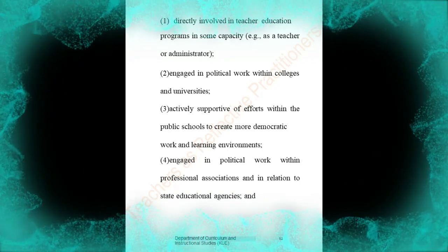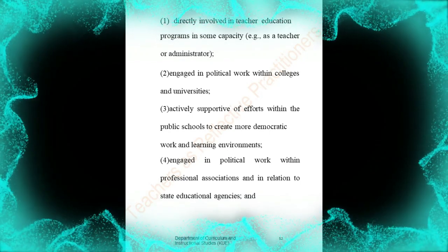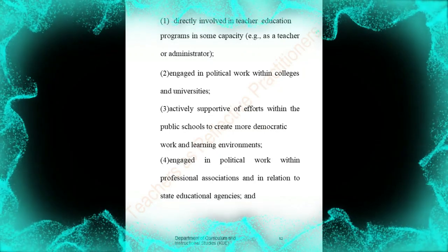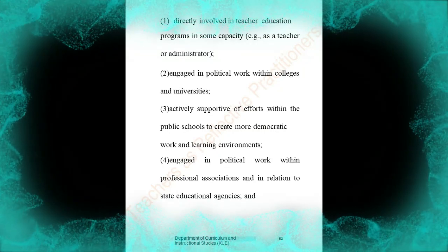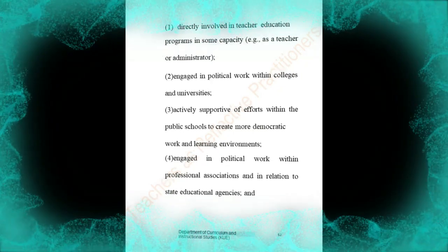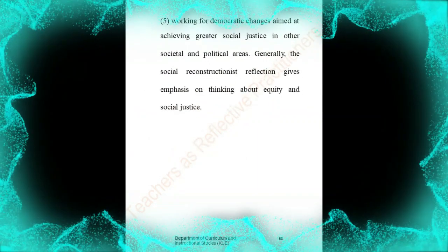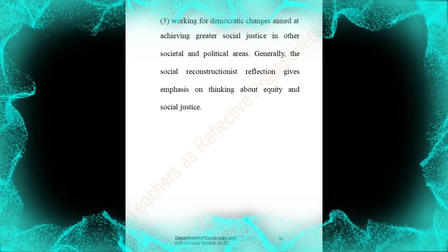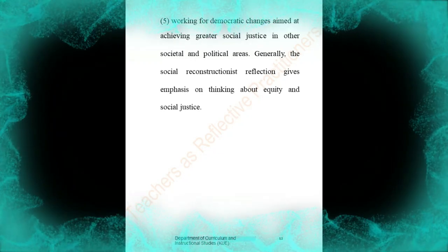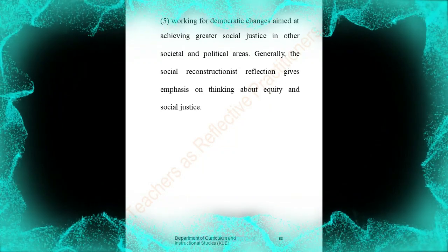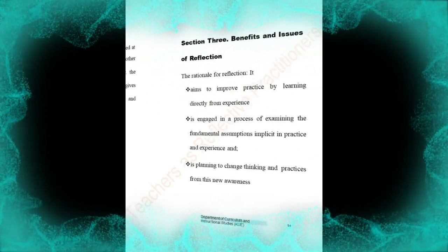Actively supportive of efforts within the public schools to create more democratic work and learning environments. 4. Engaged in political work within professional associations and in relation to state educational agencies. And 5. Working for democratic changes aimed at achieving greater social justice in other societal and political areas. Generally, the social reconstructionist reflection gives emphasis on thinking about equity and social justice.